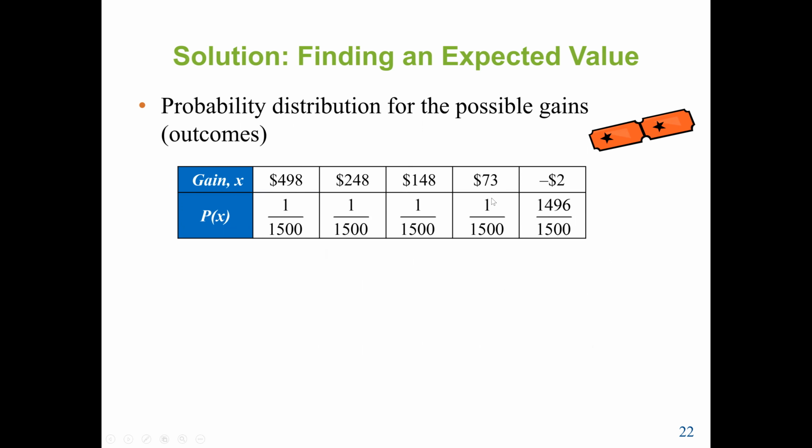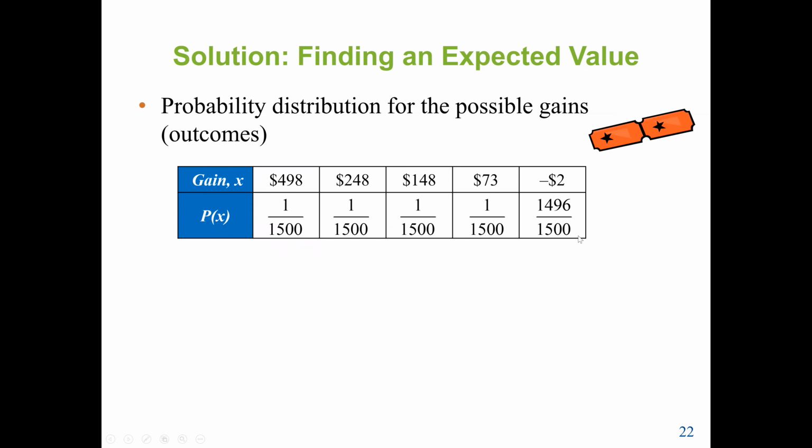Third and fourth, they are all 1 prize, so 1 over 1,500. But now we have 1,496 tickets left out of the 1,500. Only 4 winners will come out. So this means the probability of losing is very, very high, which is 1,496 divided by 1,500.